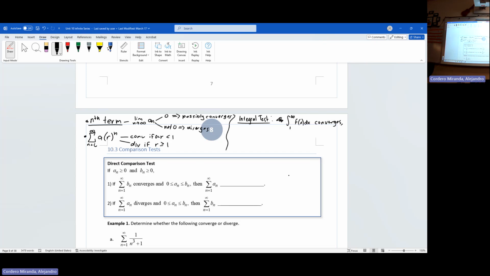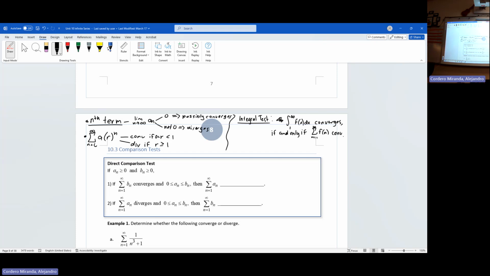Let me say this: the integral converges if and only if, which means it goes in both directions, like if this converges then the other one does, and if this one converges then the original does. If and only if the sum converges. Okay, that was last time.